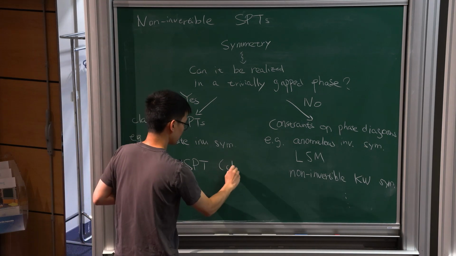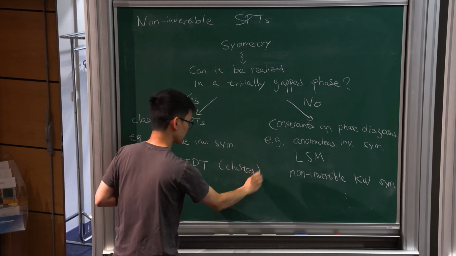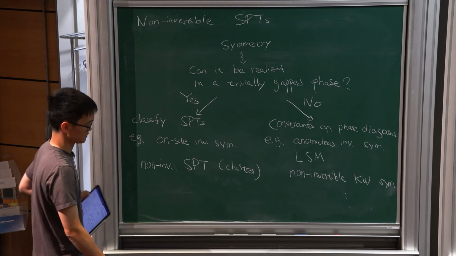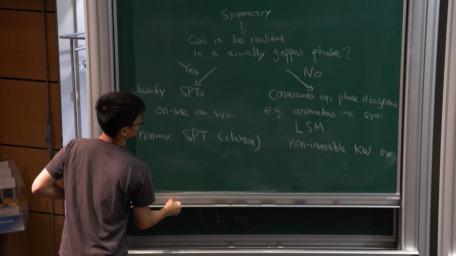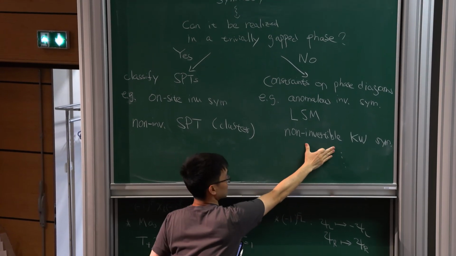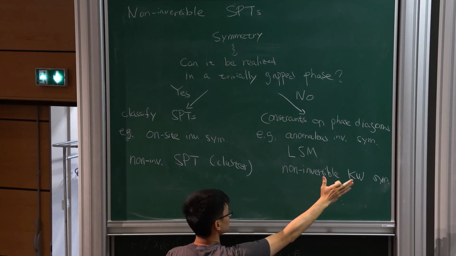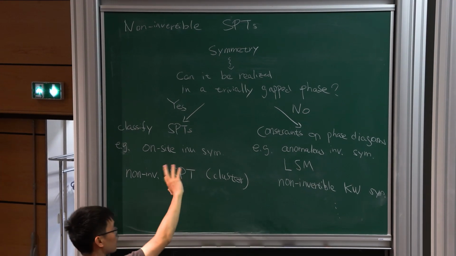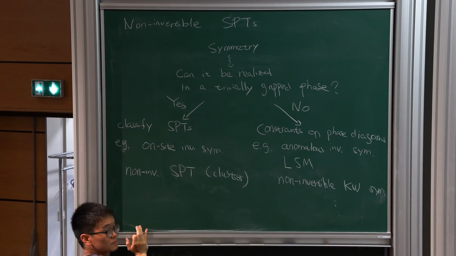In particular, I will argue that the standard cluster state is one such SPT. Okay, so that's the general roadmap. Previously, we were discussing symmetries like this, and now we are going to talk about a symmetry like this.